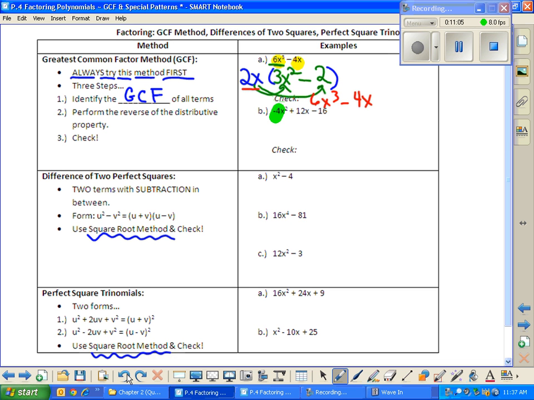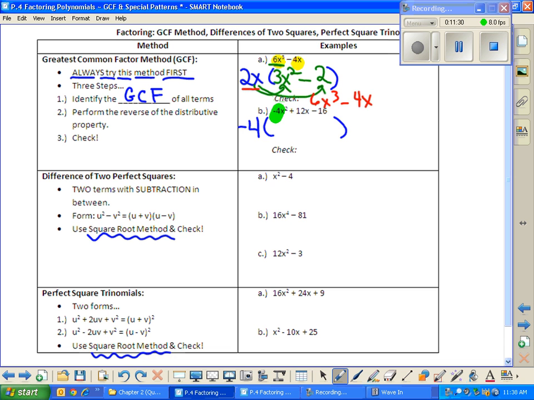So instead of taking out a positive 4, I'm going to go ahead and take out a negative 4. Notice I didn't pull out any x's with this negative 4. Can anybody comment about that? Why didn't I factor out any x's? What, John? Very good. The negative 16 doesn't have an x, so it's not in common.